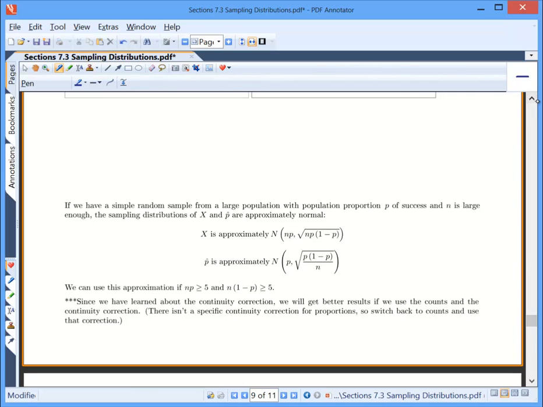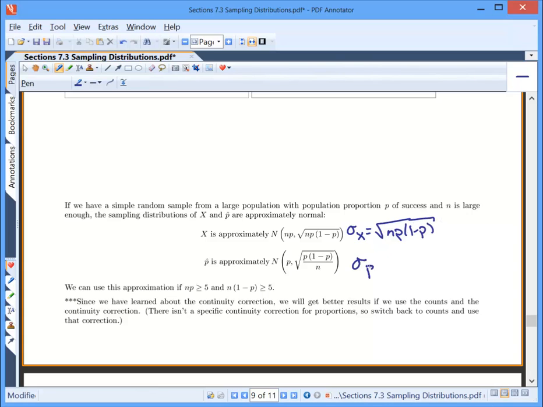So the normal distribution is a good approximation for the binomial distribution if our sample size is large enough. So if we have a simple random sample from a large population with a population proportion p of success and n is large enough, then the sampling distributions for x and p hat are approximately normal. And x is approximately normal with a mean of np, and I accidentally wrote the variance instead of the standard deviation. So the standard deviation for x is the square root of np times 1 minus p.